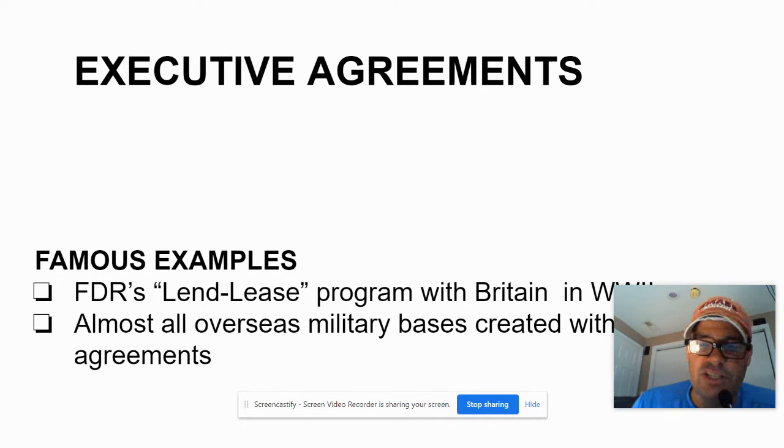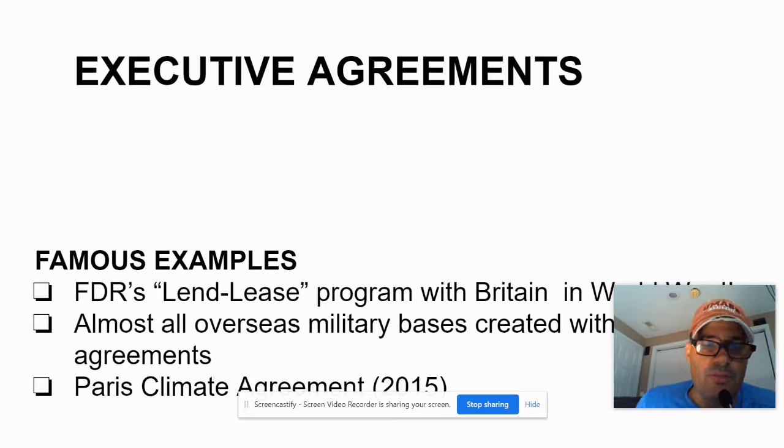Almost every overseas military base is an executive agreement. So we have bases in Japan, Germany, South Korea, all kinds of different places. All of them are basically executive agreements. The Paris Climate Agreement in 2015, which was between a huge number of countries. President Obama signed into the Paris Climate Agreement. He did not send it to the Senate because it wouldn't pass the Senate.